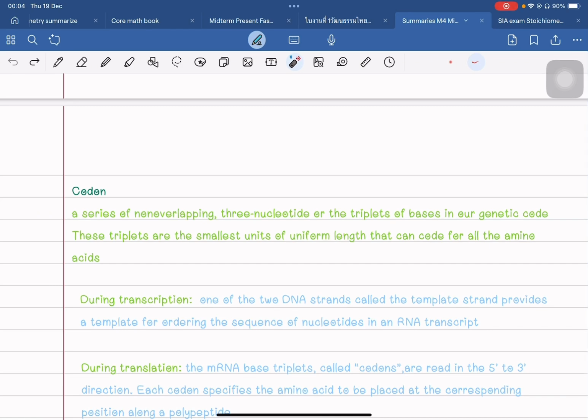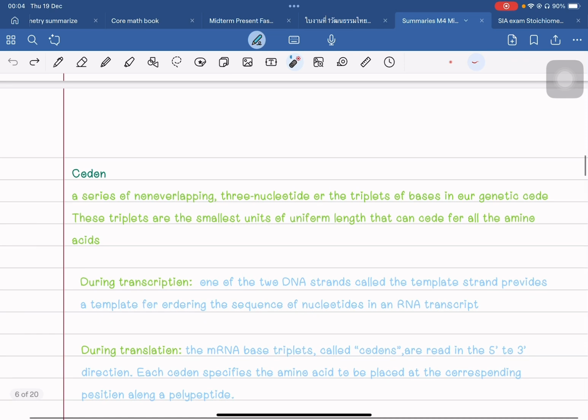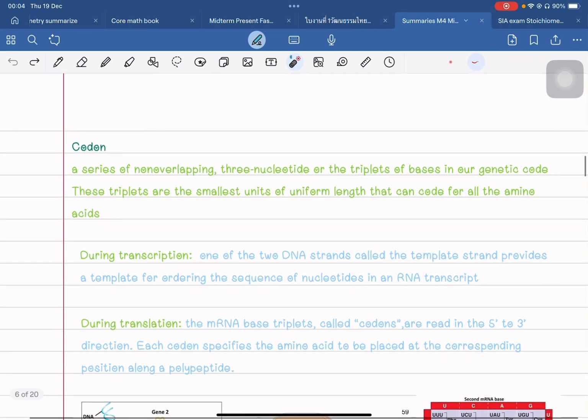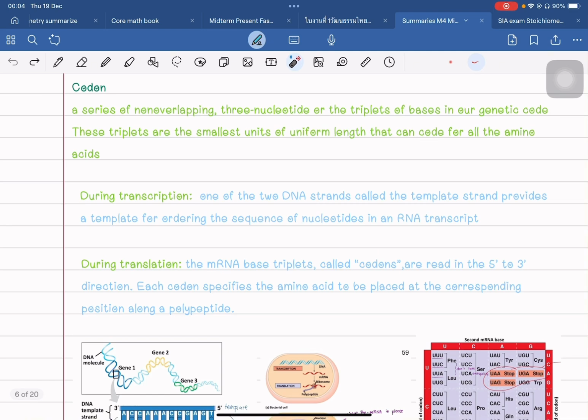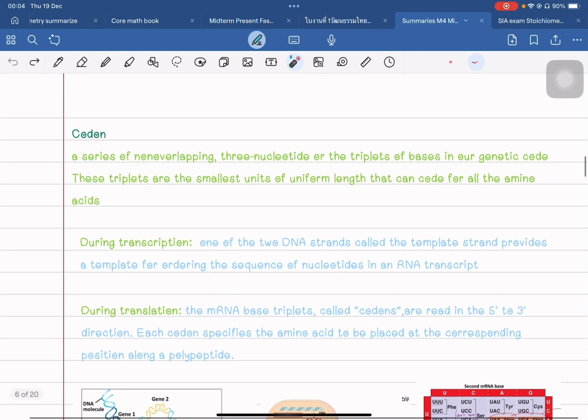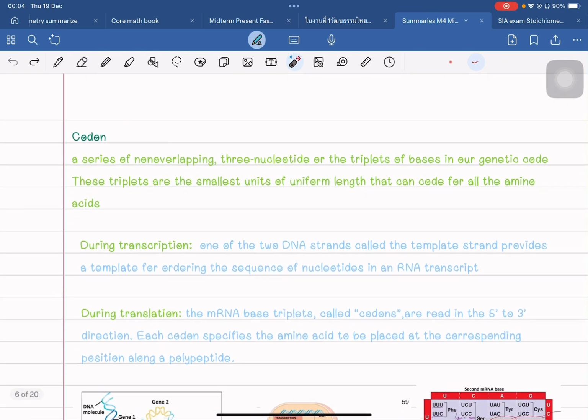During transcription, one of the two DNA strands, called the template strand, provides the template for ordering the sequence of nucleotides in an RNA transcript. But during translation, the mRNA-based triplets are called codons.